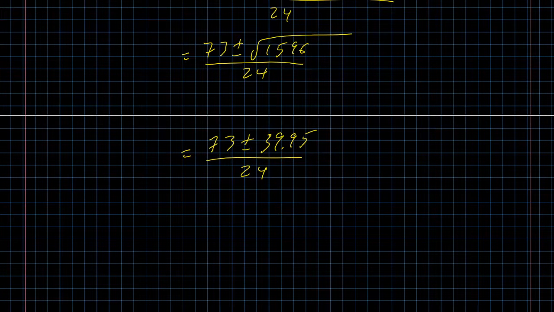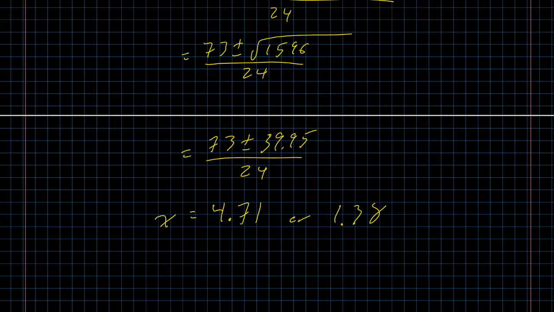All right, so we've got 78 plus 39.95, all divided by 24, which comes out around 4.71. And we've got 78 minus 39.95, all divided by 24, which comes out at about 1.38.